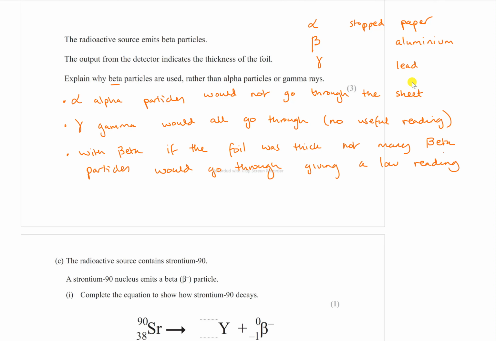And if the foil was thin, a high reading would be obtained. So that means you need to adjust the rollers accordingly. Right, that's cool.